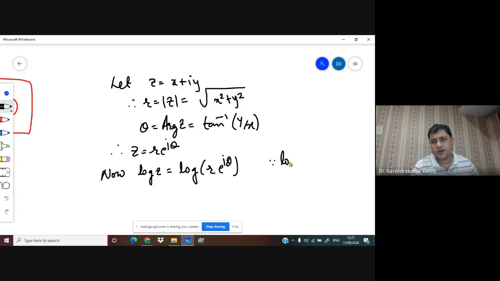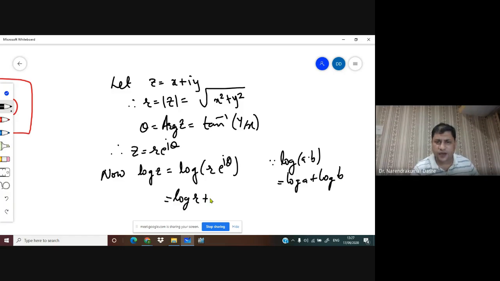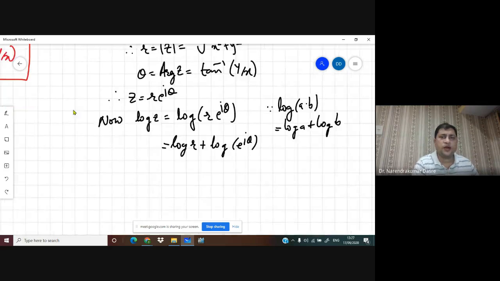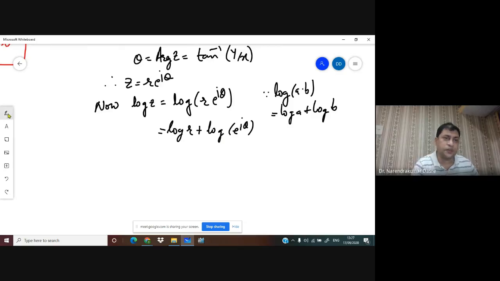What we know is log of a times b is equal to log a plus log b. So simply here we can write this as log of r plus log of e raised to i theta. Moreover, this is the natural base.